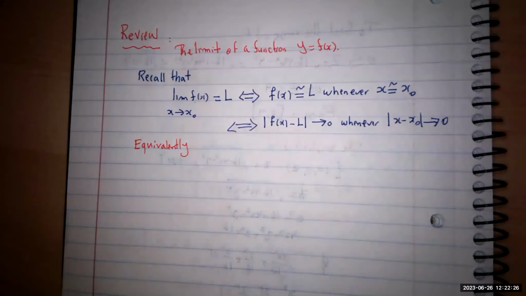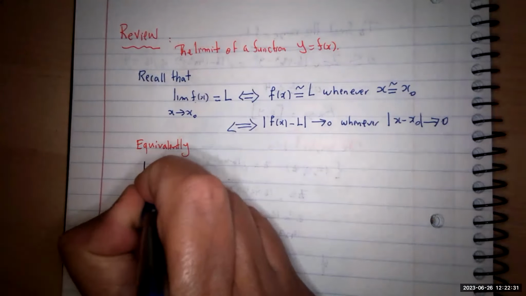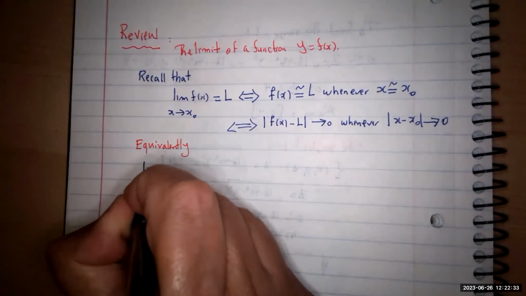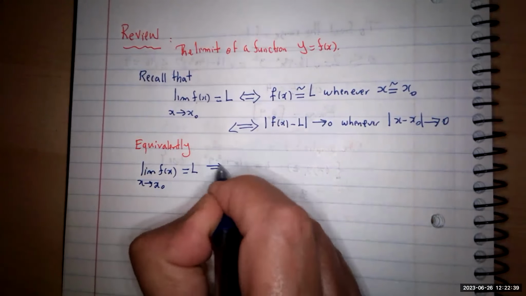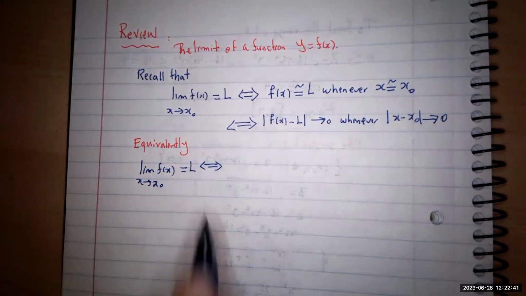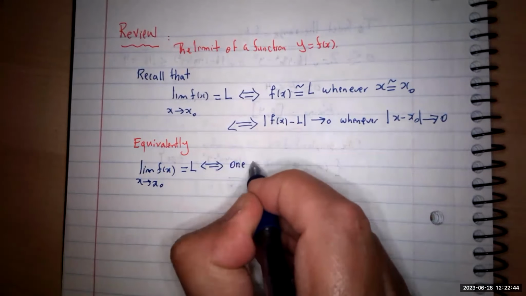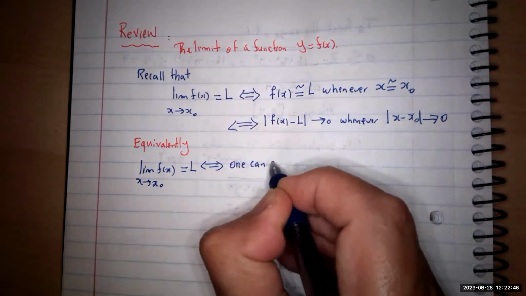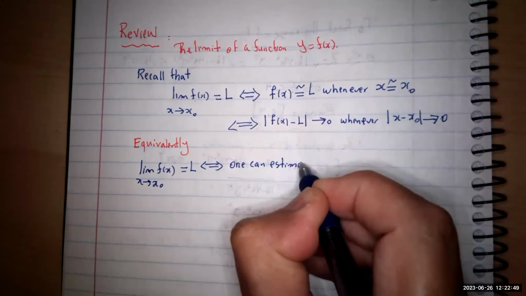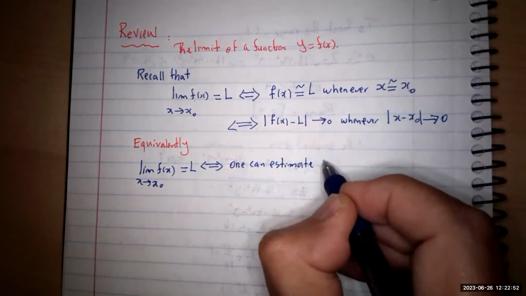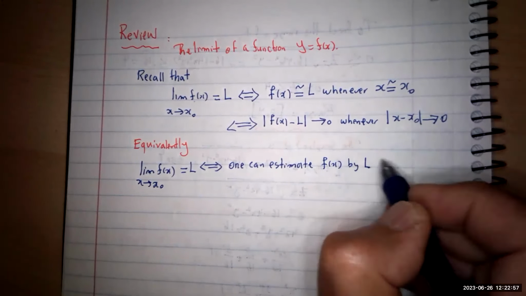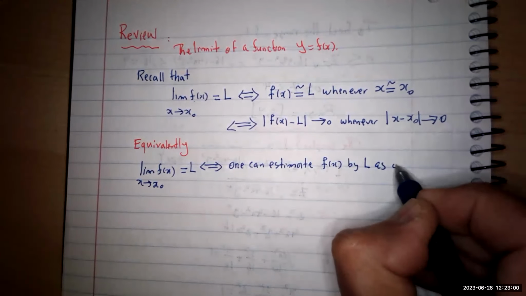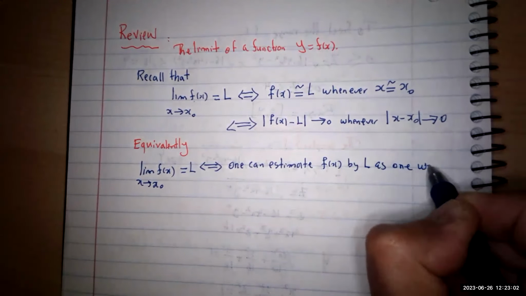So equivalently, this means another version: the limit of f of x when x goes to x0 is equal to L if and only if one can estimate f of x by that number L as we like, as one wishes, if you like.